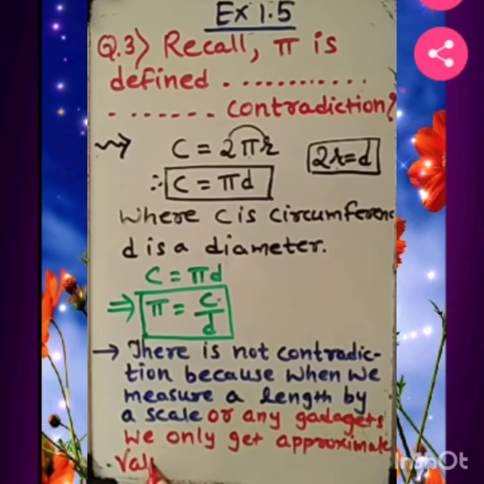Now if we get an approximate value, we may not realize that either C or D is irrational.